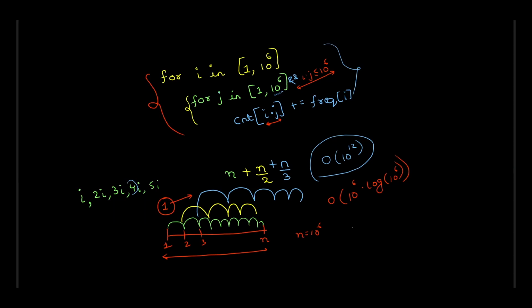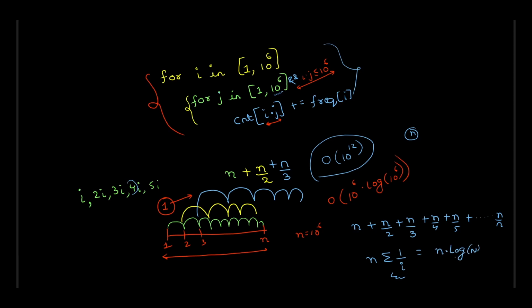So the final sum comes out to be n plus n by 2 plus n by 3 plus n by 4 plus n by 5 and so on up to n by n. Why? Because for the last element n, there is only one multiple within that range. So this is nothing but n into the summation of 1 by I, which by the harmonic series is log n. So the overall time complexity becomes n log n.